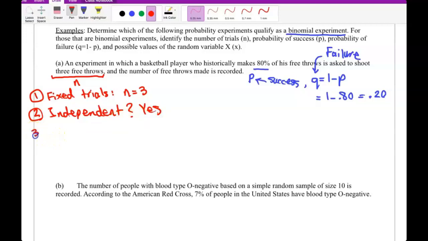Then third step, do we have 2 outcomes on this part? Yes: he makes or misses his shot.